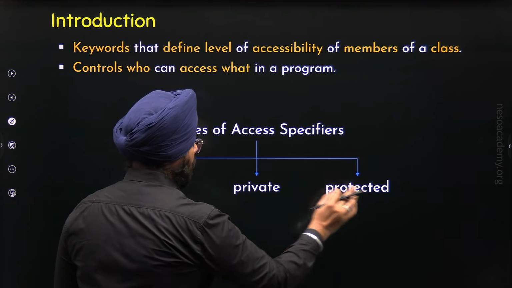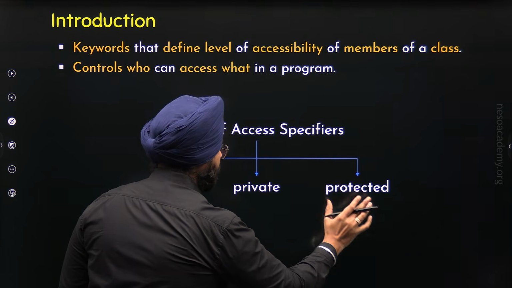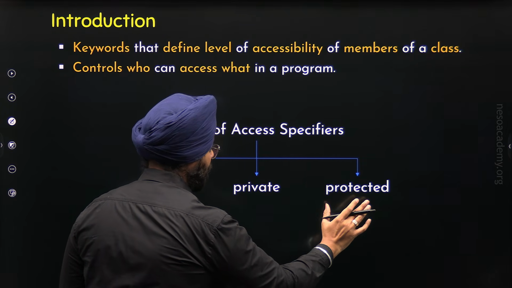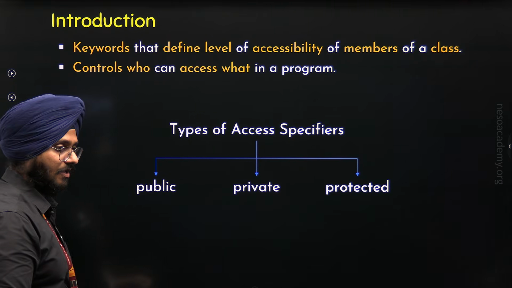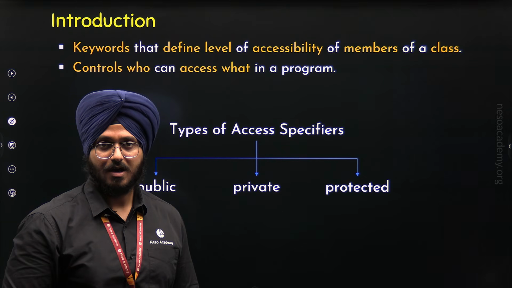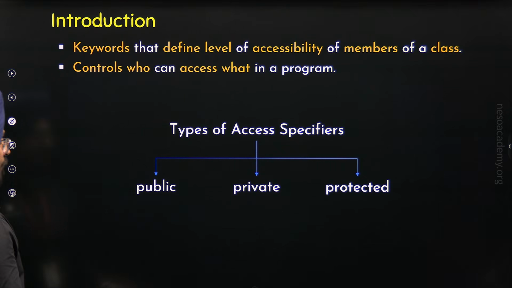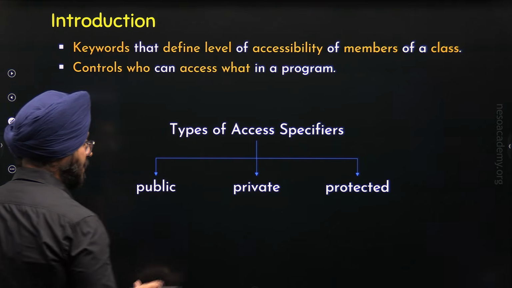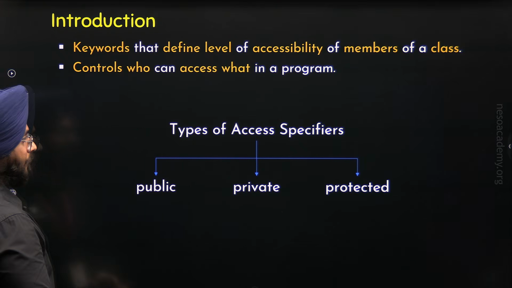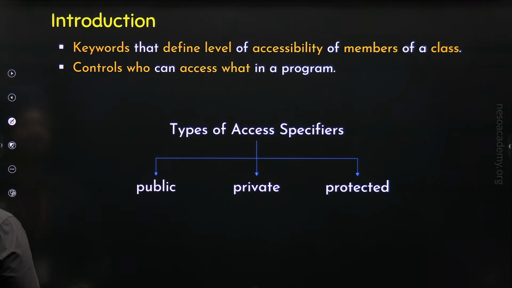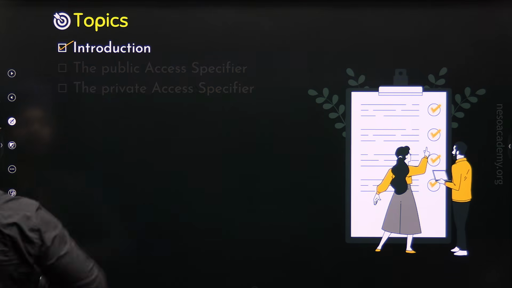We also need to understand the protected access specifier, but we will understand it later in this course when we cover inheritance properly. In this lecture, our focus will be to understand public and private access specifiers properly. So that's the introduction to access specifiers. This means we are done with the first topic.